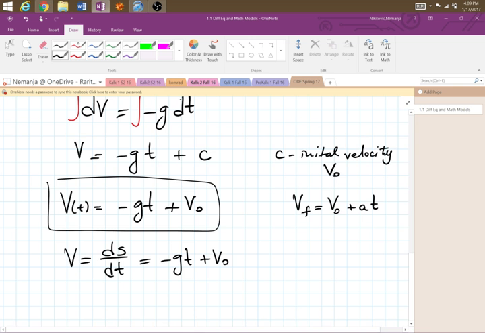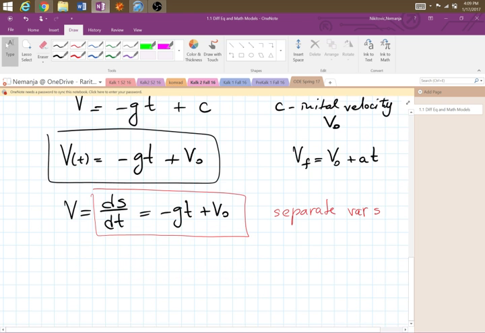Again, we have a linear first order differential equation. Separate variables. And we are going to get that ds is equal to open parenthesis negative gt plus v0 times dt.